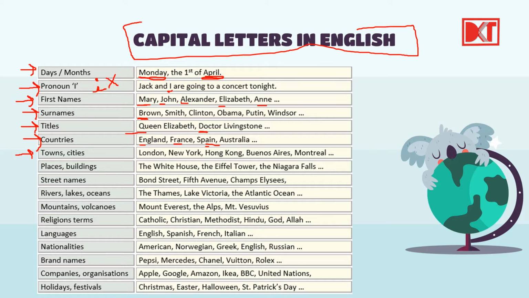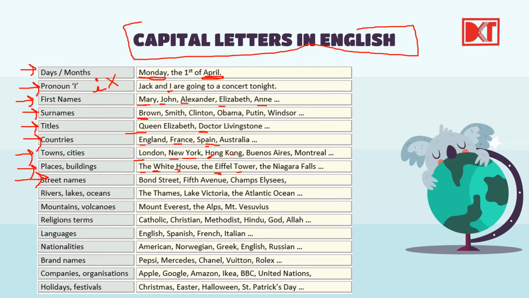Towns and cities like London, L capital, New York, N and Y capital, Hong Kong, H and K capital, and so on. Places and buildings like the White House, so T, W and H capital. The Eiffel Tower, here T, E and T, first letters are capital.